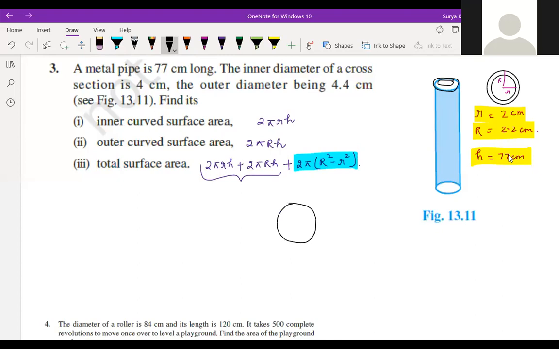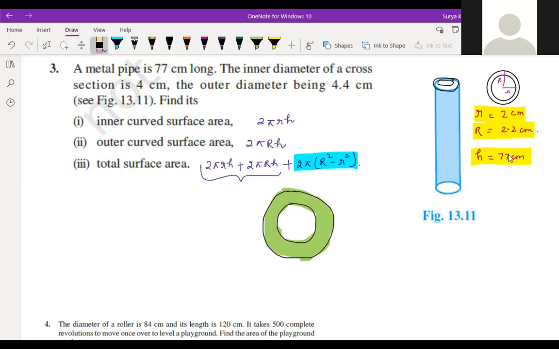See, this is the concentric circle I'm drawing over here, and I need to find only this part. I want only this one circle. Is it clear, children? I want to find this colour shaded part, because the inside is hollow, so there's no need to find it.